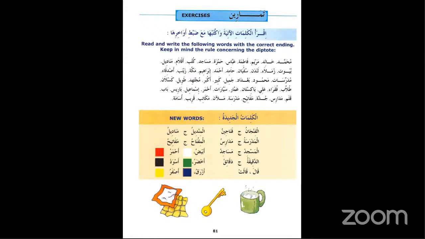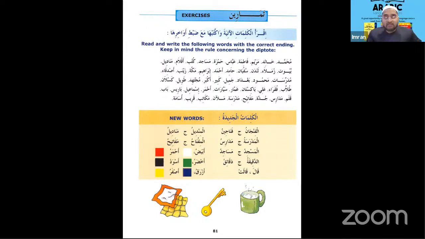So you could write down this definition. Diptotes are nouns that do not receive any tanweens, i.e. dhamma tanween, fatha tanween, or kasra tanween.